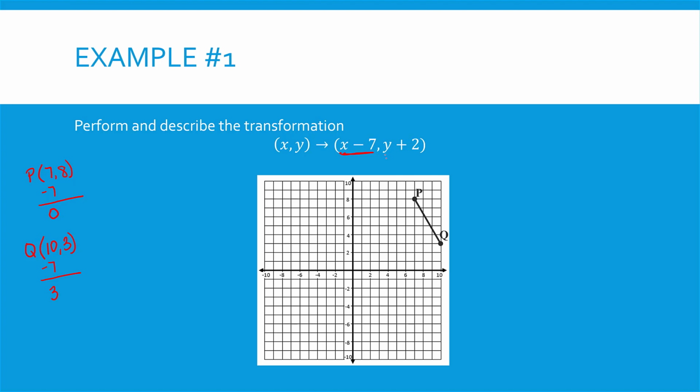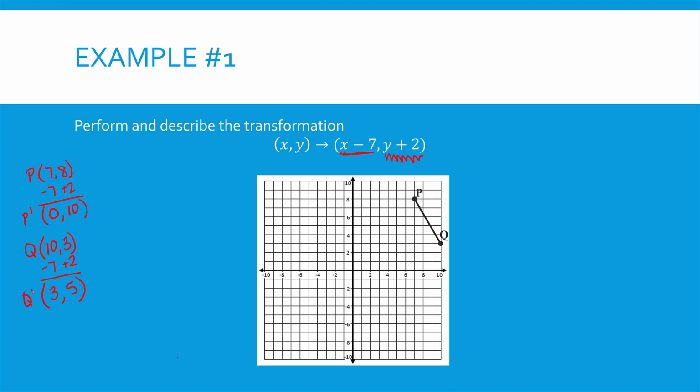Now we're going to take y and add 2. 8 plus 2 is 10, and Q is 3 plus 2, 5. So these become our new P and Q, but we call them P prime, Q prime.